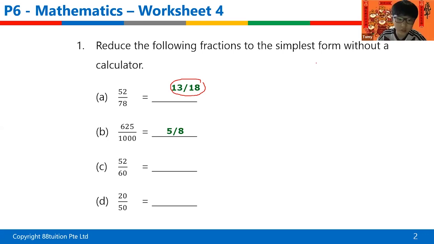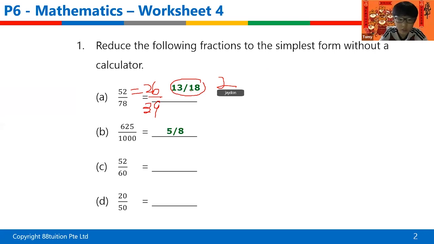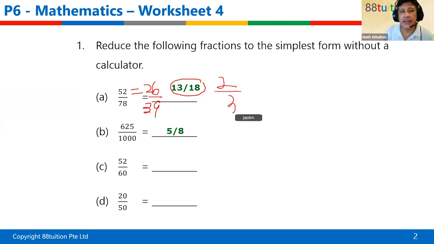I think it was Kylo. Okay, never mind. Just now when you divided by 2, you got 26 and then you got 39, right? I can see today you're having problems with your mouse, is it? Because you can't write. 26 and 39 can be divided by 13.